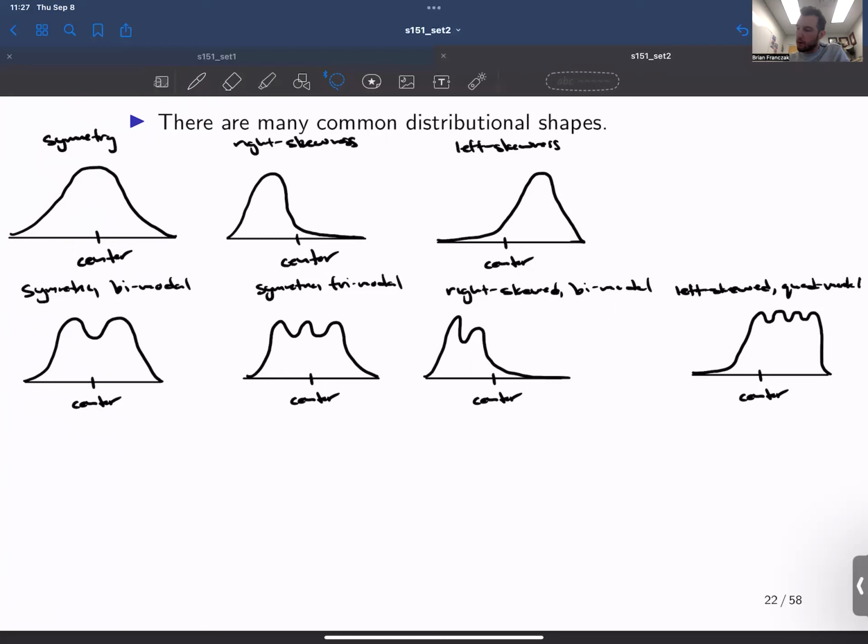There are some other common shapes that may occur throughout the semester. If you observe a rectangular shape, sort of like this, something like that, we call this the uniform.